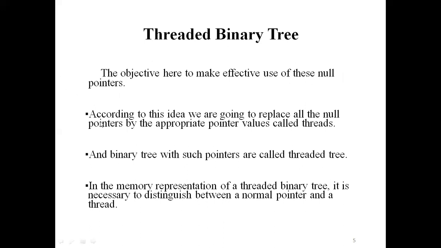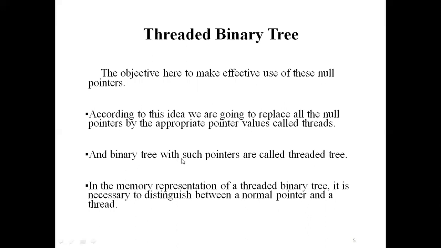So the objective here is to make effective use of these null links or null pointers. So according to this idea, we are going to replace all these null pointers by appropriate pointer values, and those pointer values will be called as threads. So all these null fields or all these pointer fields which are holding null value will store some address value, but that address value will be called as thread.